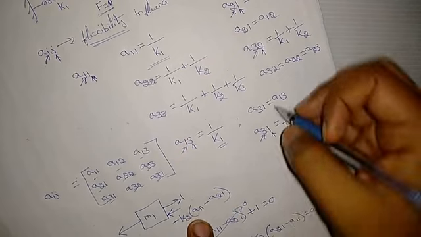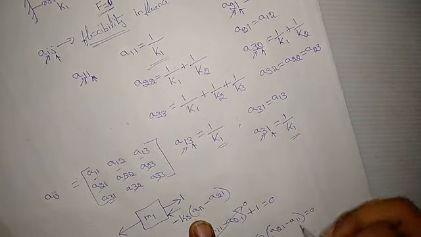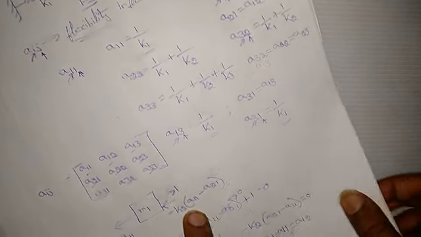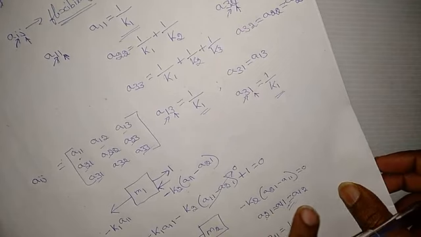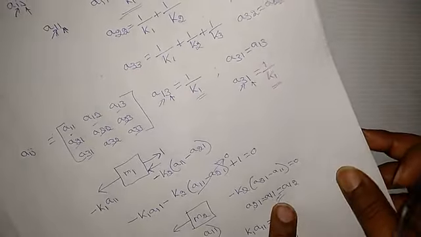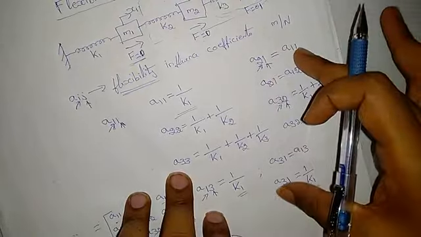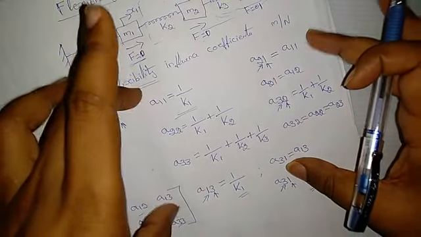We have also said A21 is equal to A11, which is equal to A12. So A21 is equal to A11 is equal to A12. This much we have derived, and the remaining you can try out and see if you can understand the derivation or understand it conceptually.